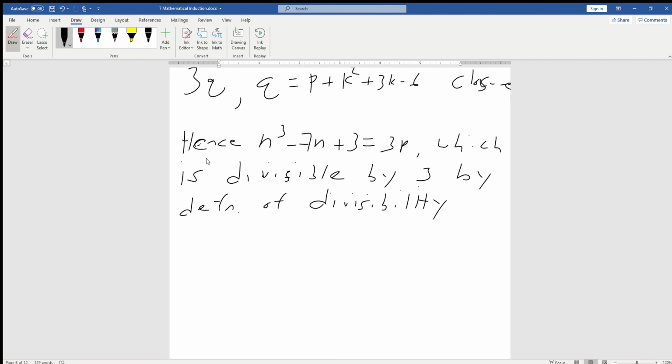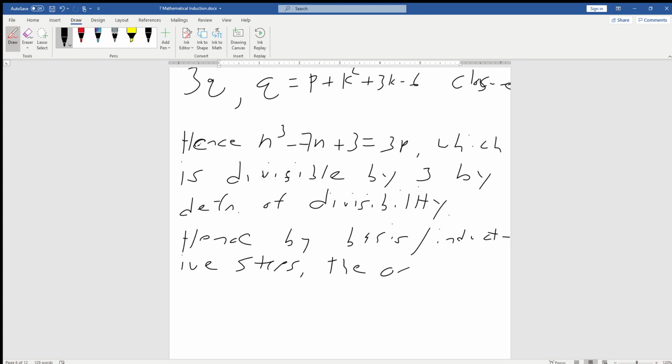Clearly, both the basis and the inductive steps hold, so hence by basis and inductive steps, the original result, or the original formula, or the original postulate, whatever you want to say, the original is valid.